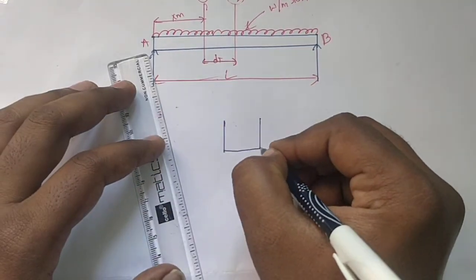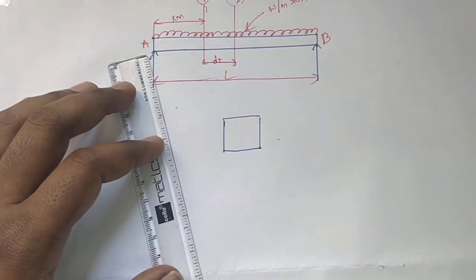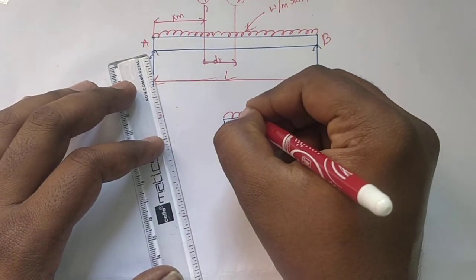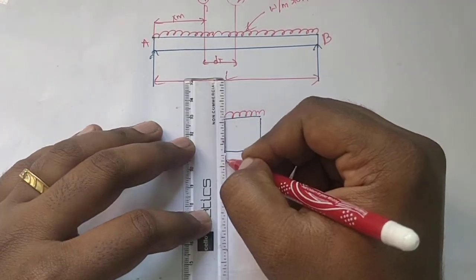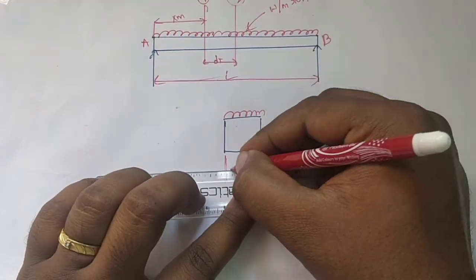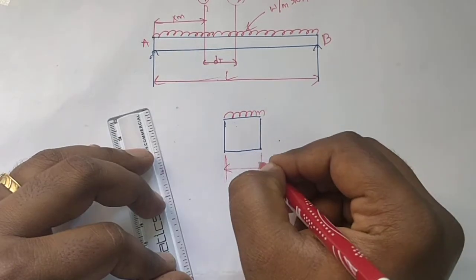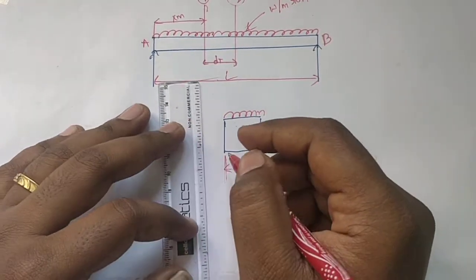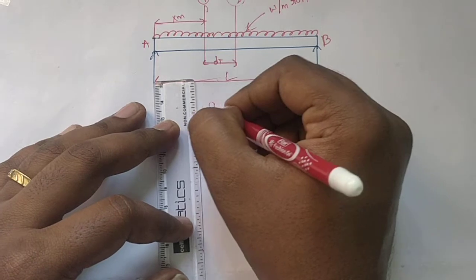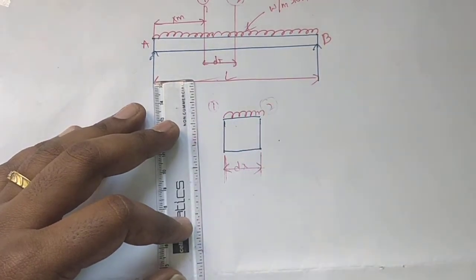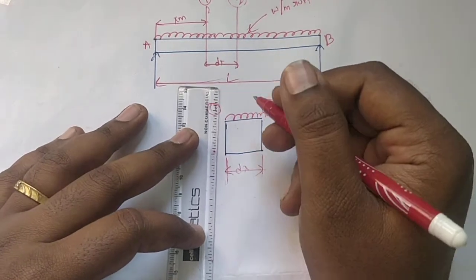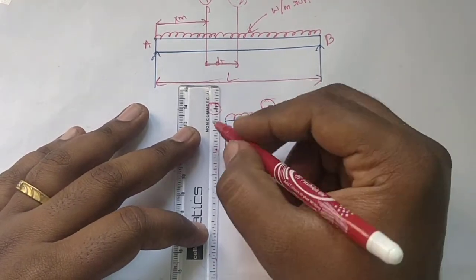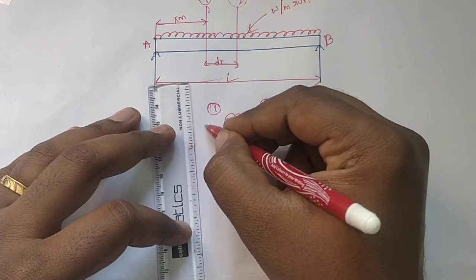It is the beam carrying the UDL load. The length of the selected part is dx. It has section 1 and section 2. At section 1 the shear force is acting upwards.